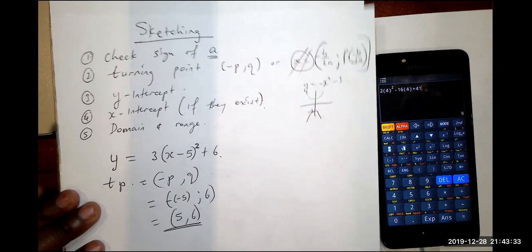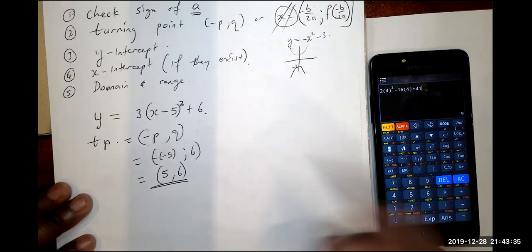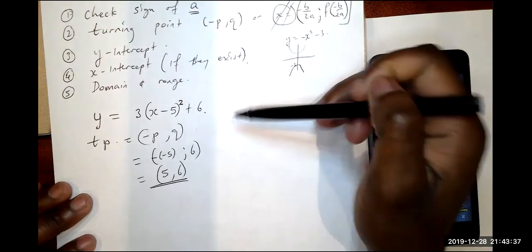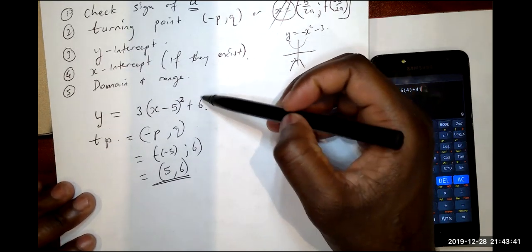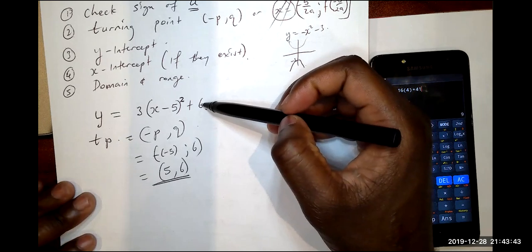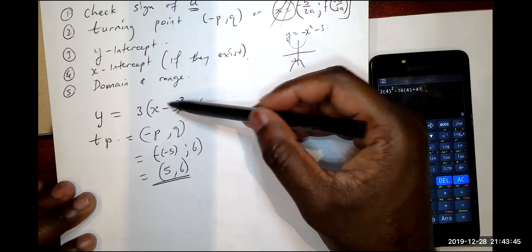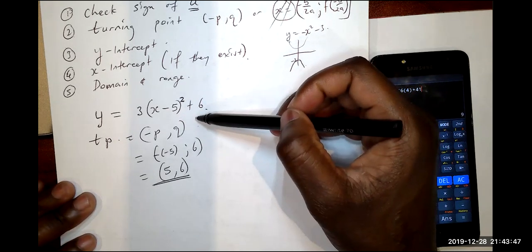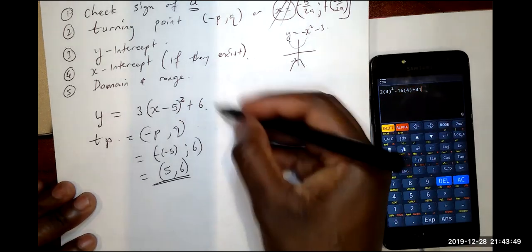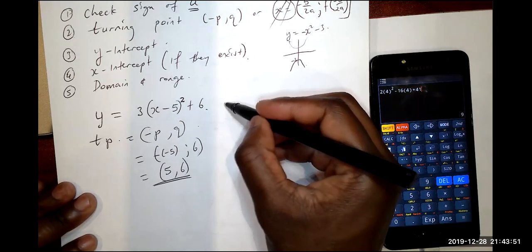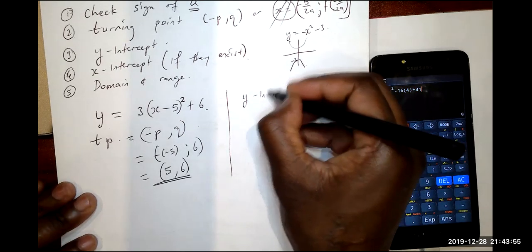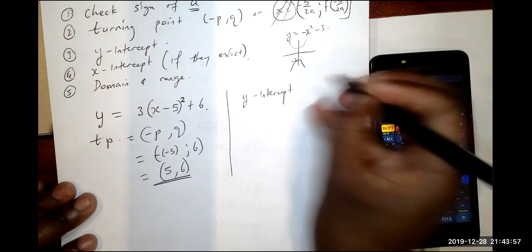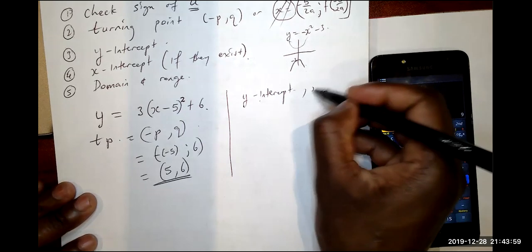Now, what is the y-intercept? Where does this touch the y-axis? Now we need to think. Where is it going to be touching the y-intercept? When x is equal to 0. So for the y-intercept, x is equal to 0.